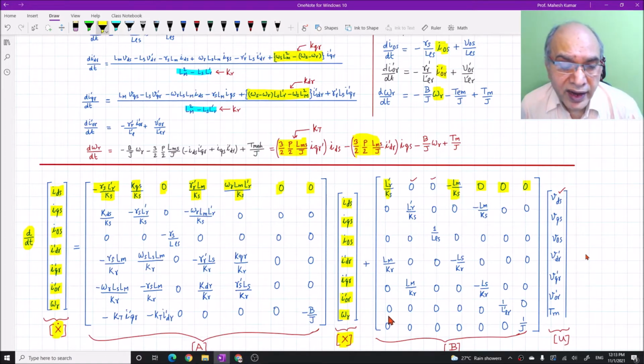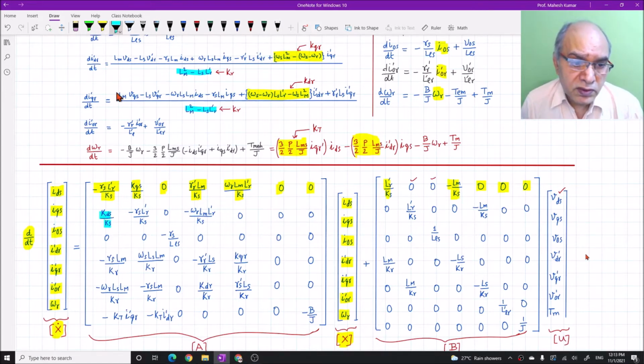Similarly, we can write for other first order derivatives, that is diqs by dt, di0s by dt, and so on. So do it carefully and verify what I have given in this equation, the matrix form. The next coefficient will be Kds by Ks.